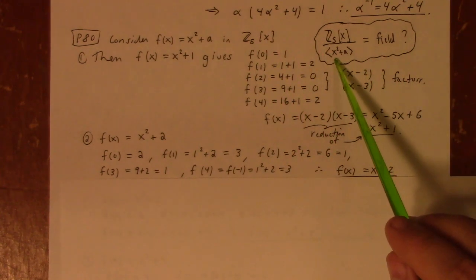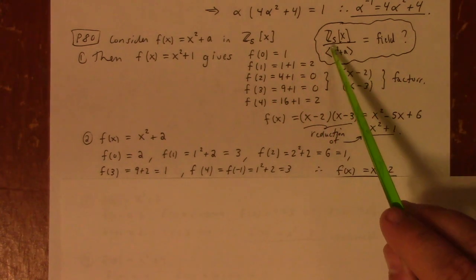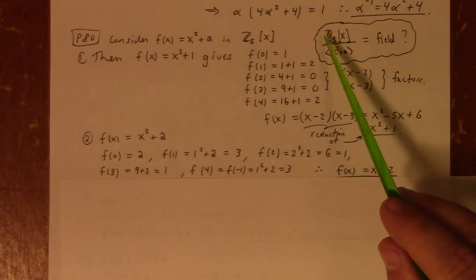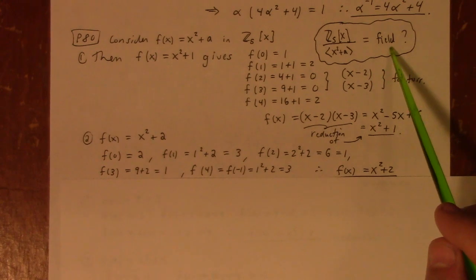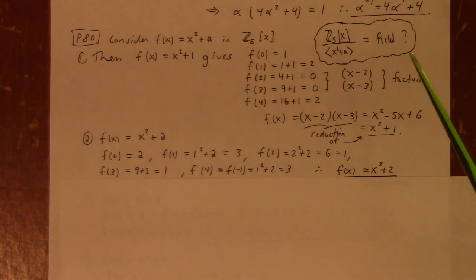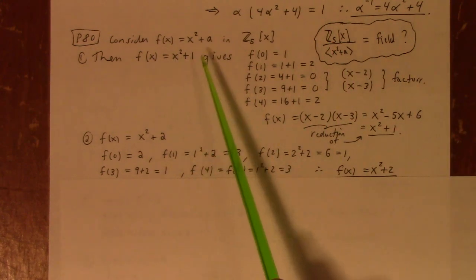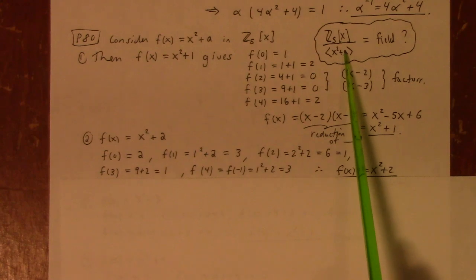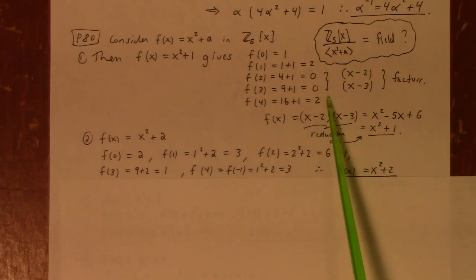See, if x squared plus a is irreducible, then that means that this is a maximal ideal, and that implies, of course, that the quotient of a commutative ring by a maximal ideal is a field. Now, if x squared plus a has a 0, then this is not going to be a field. All right? So like x squared plus 1 factors. So definitely, if I mod by x squared plus 1, this is not a field. This is something else.